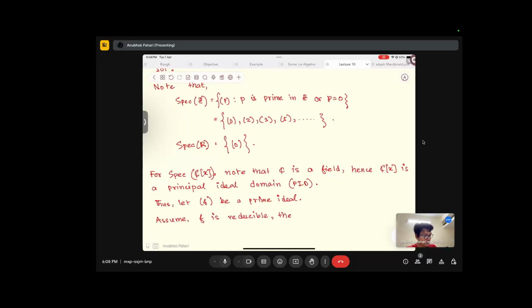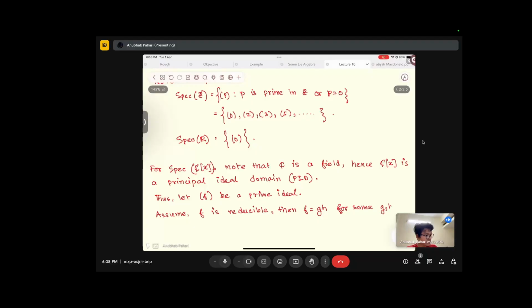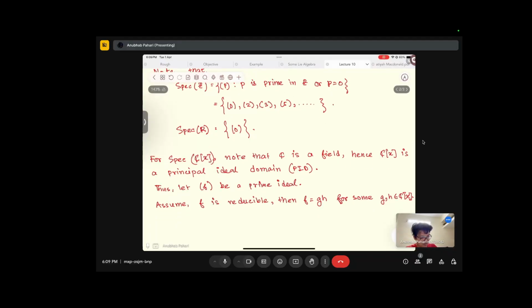Then f equals gh for some g, h belonging to C[x]. Thus f is not prime.